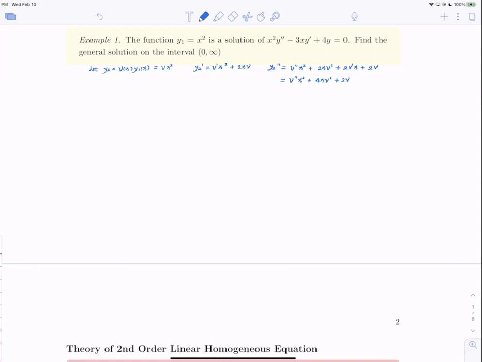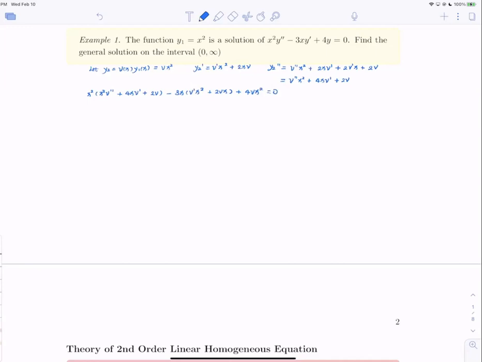So let's plug it back into the ODE. Plus v(x) squared equals 0.